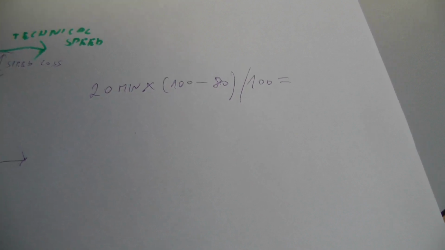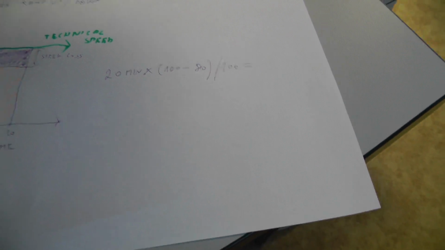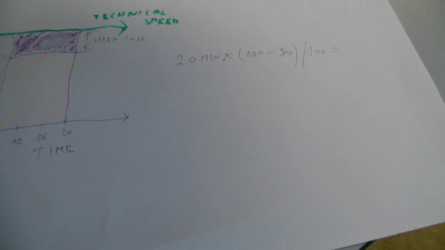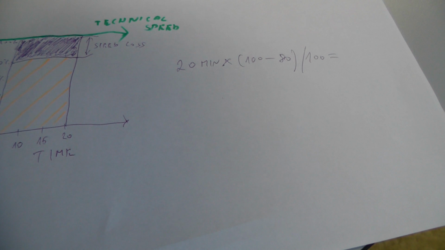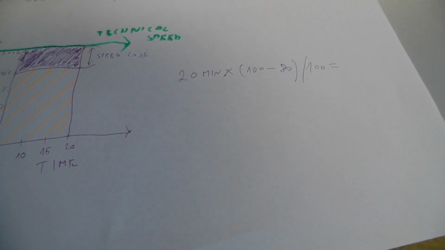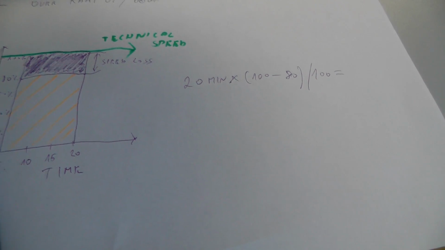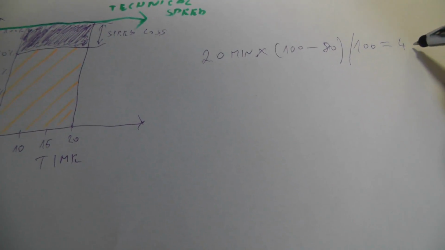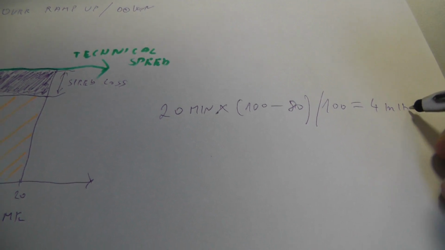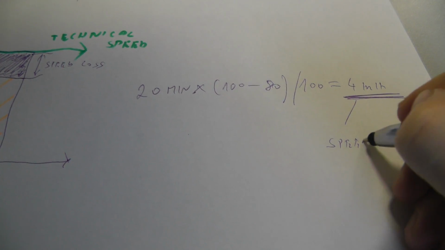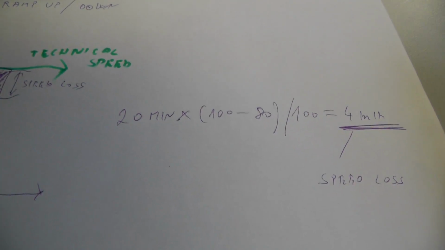So 20 times 20 divided by 100. Okay, so for 20 minutes of production there are 4 minutes of speed losses. It's a very easy calculation.